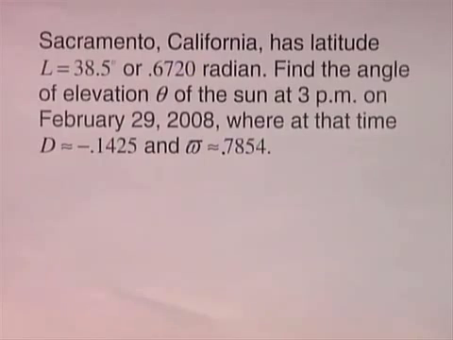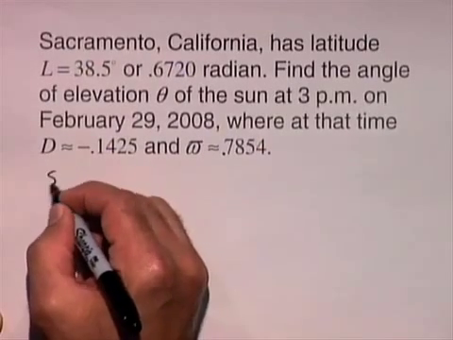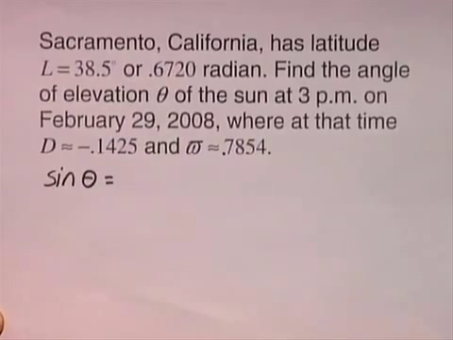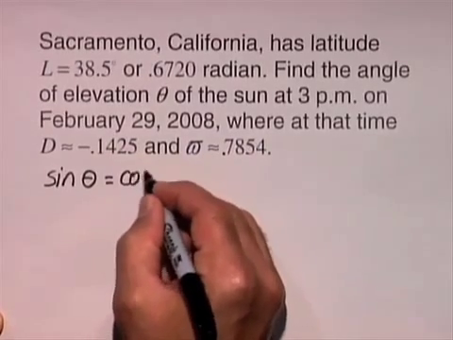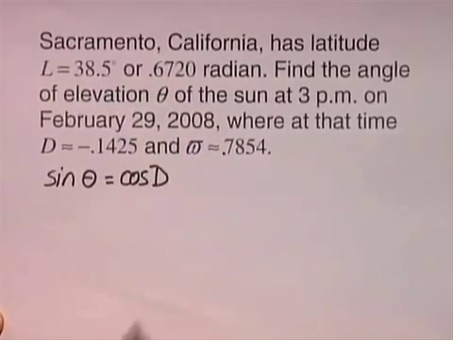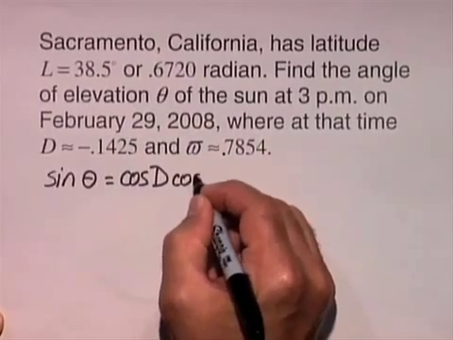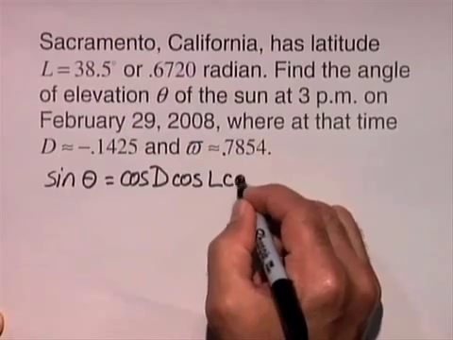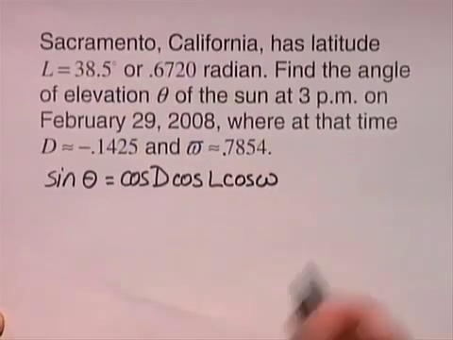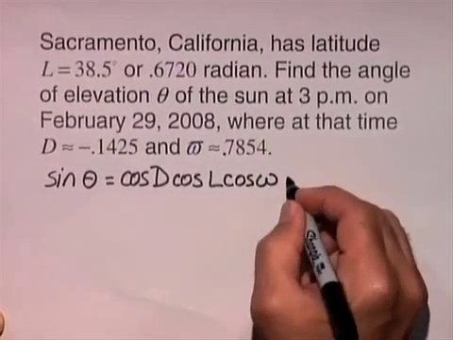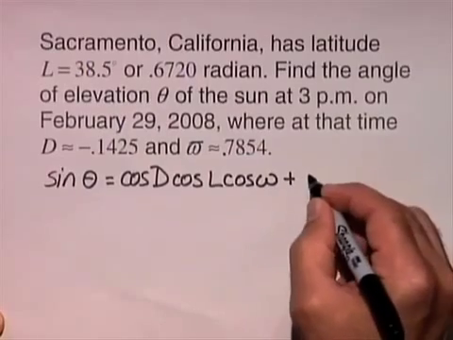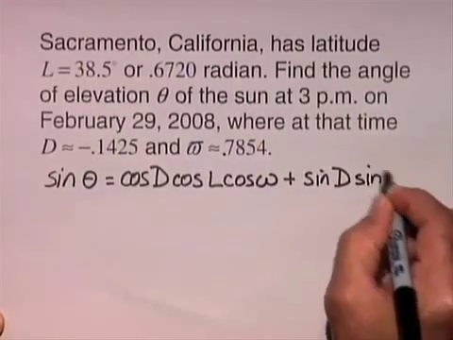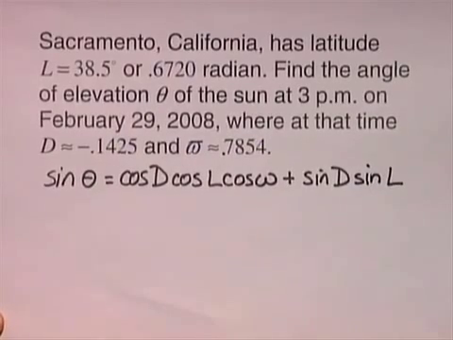Let's begin by writing down the formula. Sine theta is equal to cosine of D times cosine of L times cosine omega plus sine of D times sine of L.